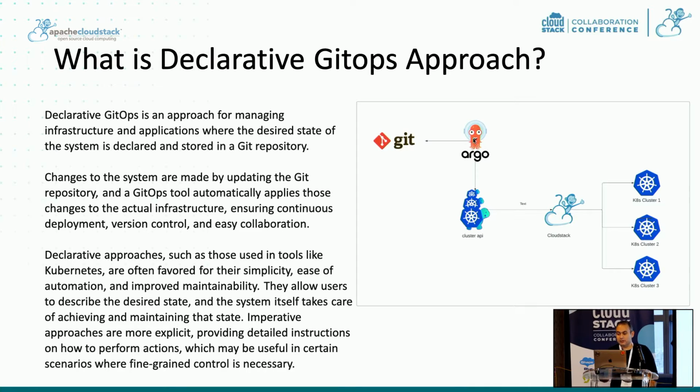For example, in this approach, we have again ArgoCD, as I mentioned. ArgoCD is linked to the Cluster API operator. So ArgoCD monitors a GitHub repo, and when we push cluster definitions to that GitHub repo, ArgoCD triggers Cluster API's operator, and then Cluster API builds our clusters under the CloudStack solution.